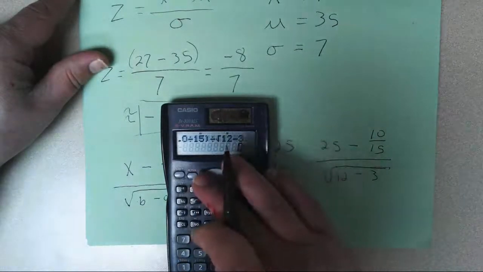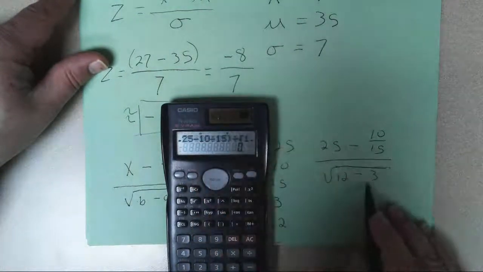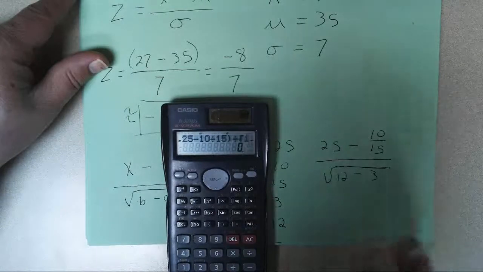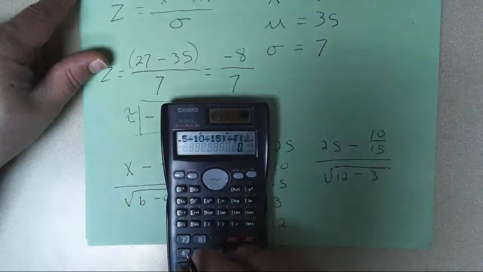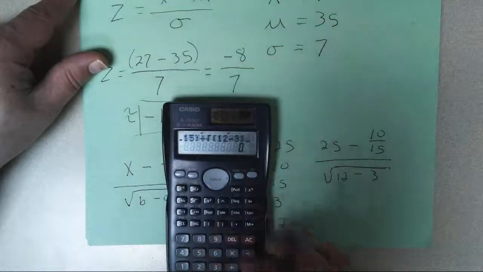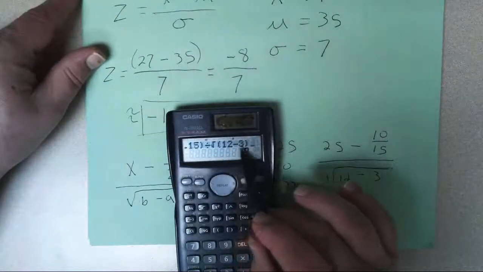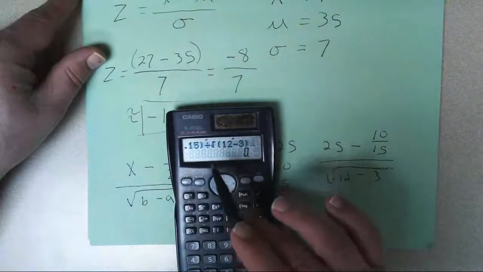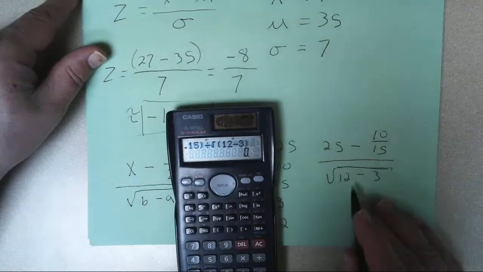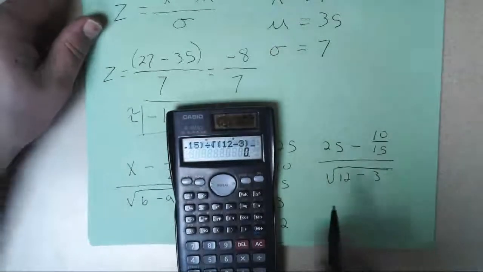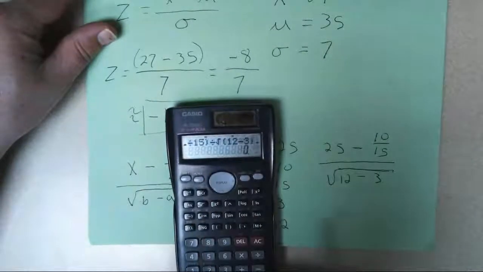But if it doesn't, like in this calculator, then what I got to do is make sure that it does this subtraction before it takes the square root. So I need to put the 12 minus 3 in parentheses first, so then it actually subtracts first and then takes the square root. In this case, it actually comes out real nice because I got the square root of 9, which is just 3 on the bottom.